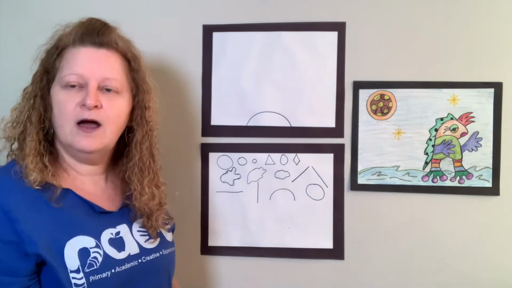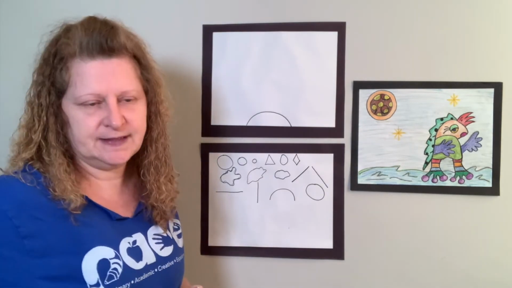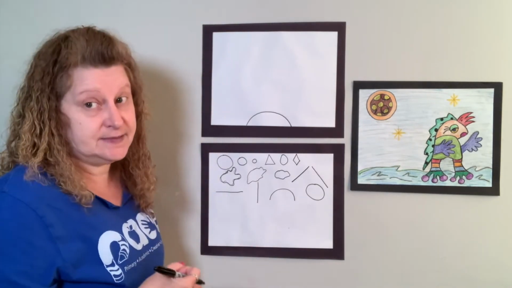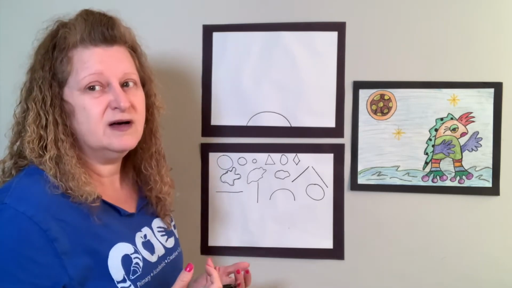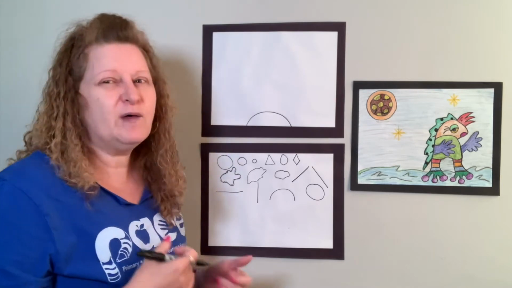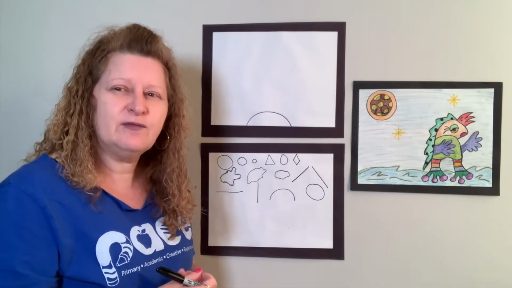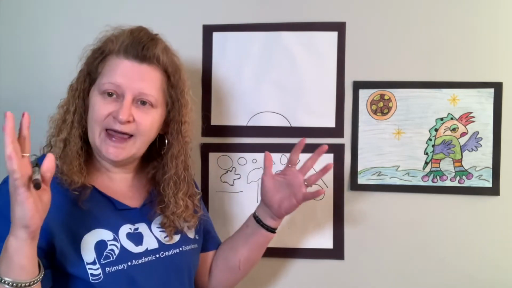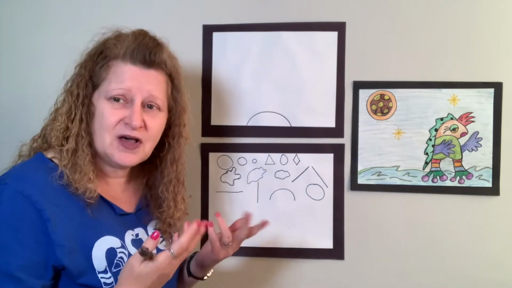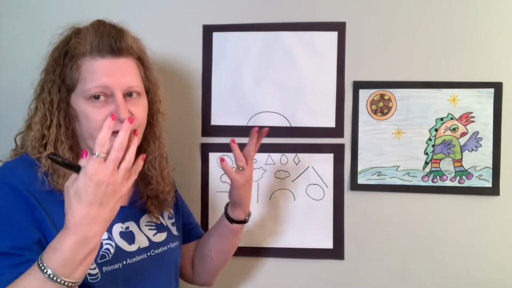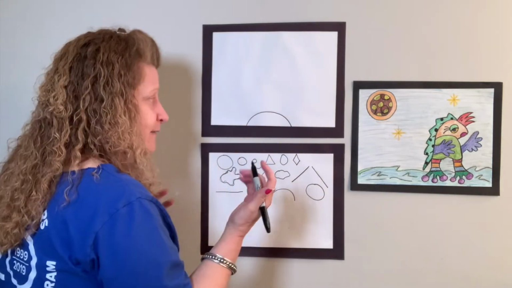There's my sun. Now what could I add to my sun? I could probably add some sun rays. Now, sun rays are really not real. They're not realistic, but we draw them anyway because the sun rays are kind of like the glare or the light that shines off of the sun, and we draw them so that we could show what we see from that glare or that reflection.